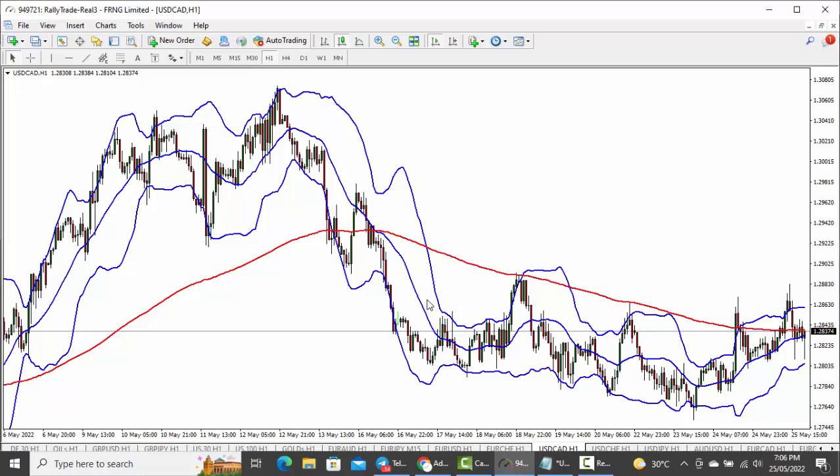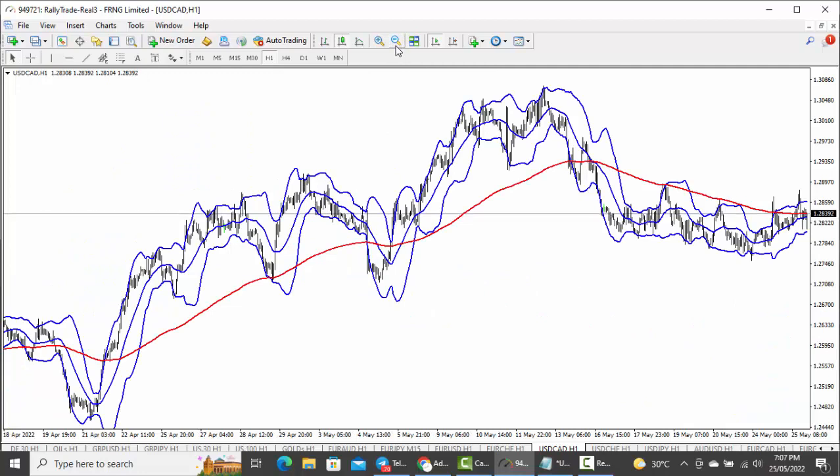So how are we going to be using this strategy? First of all, let me quickly explain how this moving average works. We can see this red line, which is the moving average, across our charts. At some point, we can see price trading above the red line, and at another time, price trading below the moving average.